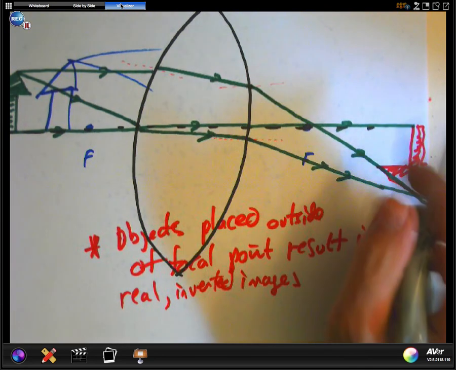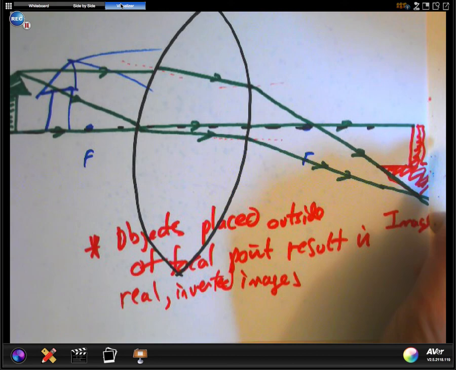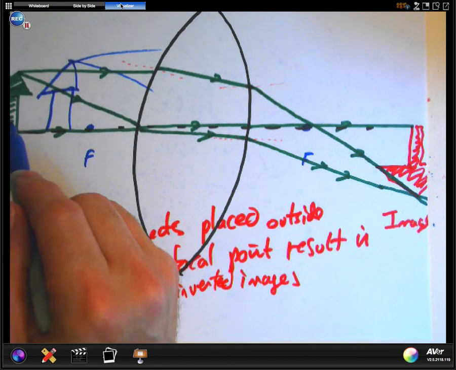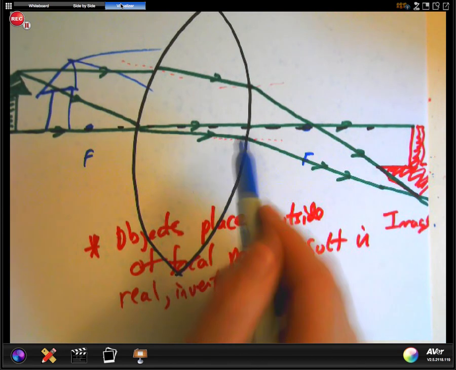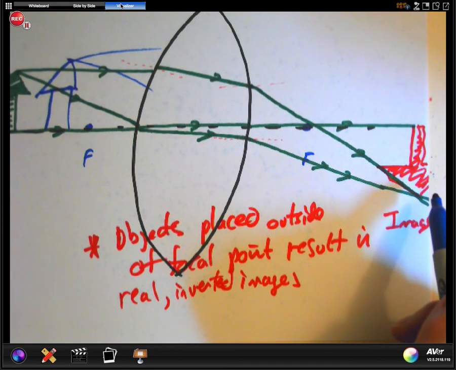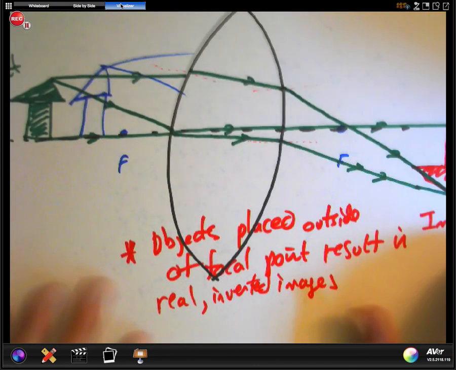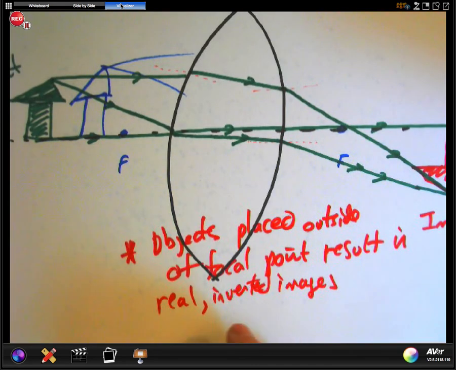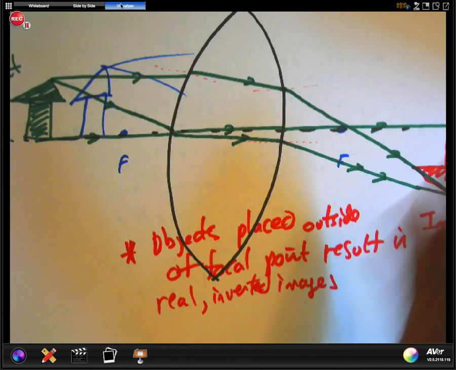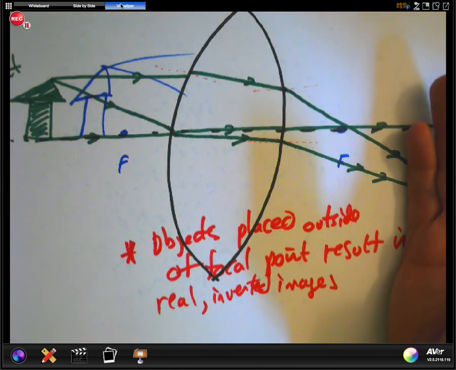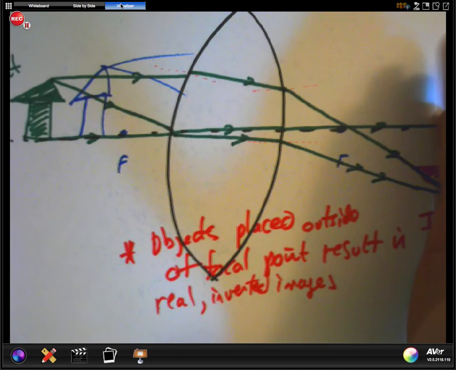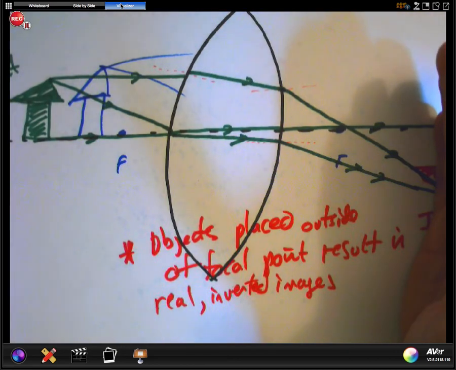It would focus somewhere else, most likely a little bit further outside here. So depending on where our object is in relation to our mirror, our image is going to appear at a different spot. And so what that means is that for a lens like this, the image appears at a very specific position. And so if we're not trying to read that image at that exact position, it's going to be blurry. It's not going to actually converge.